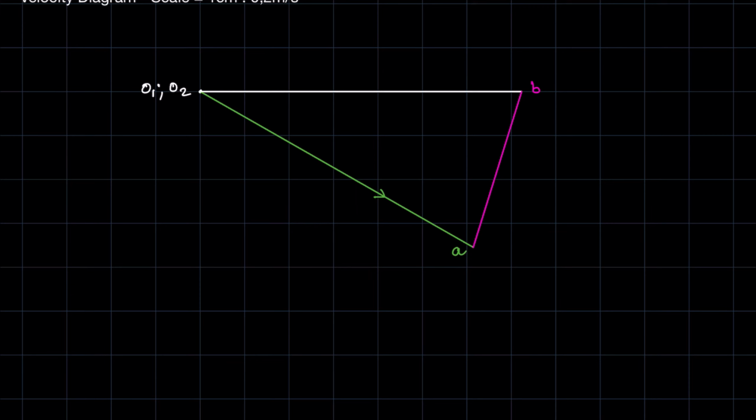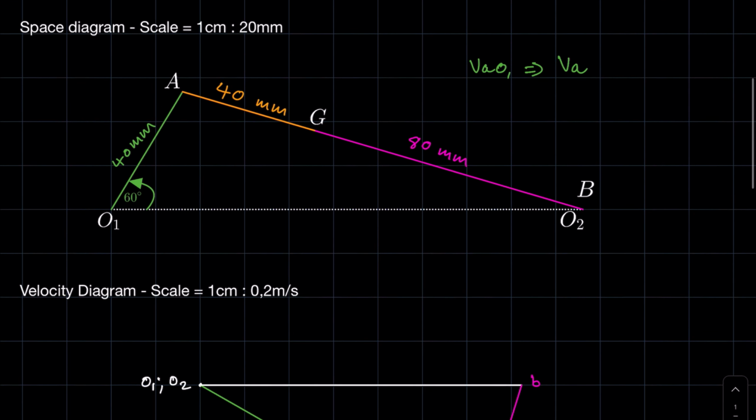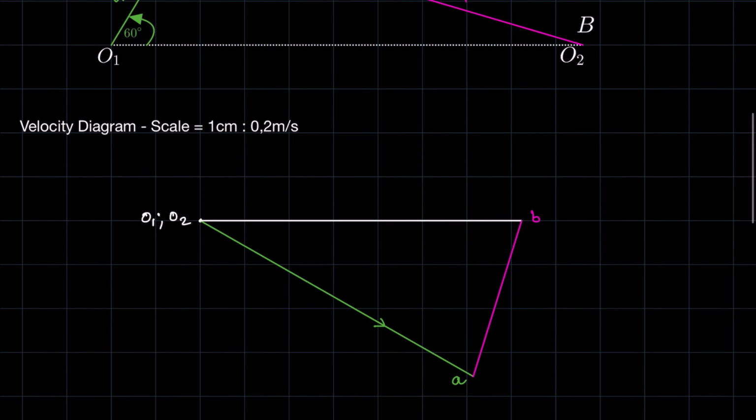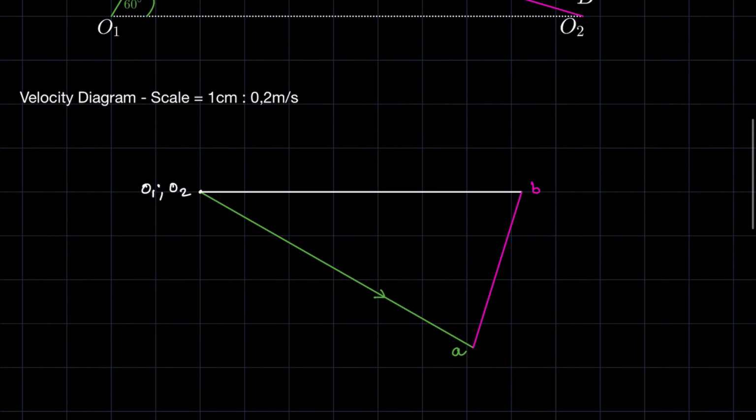Now, remember, as far as direction, the direction of a vector must always be such that it points towards the object or points away from the frame of reference. We had already determined that B is the object and A is the frame of reference, so for this vector, the direction will be in that direction, pointing towards the object. So for link AB, the object is B and A is the frame of reference.